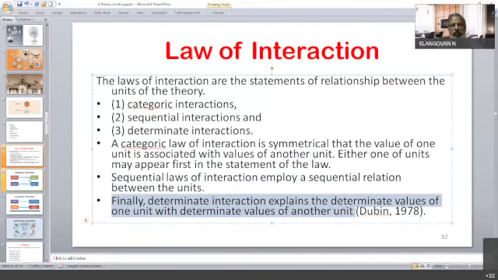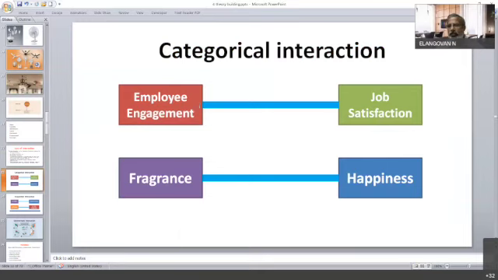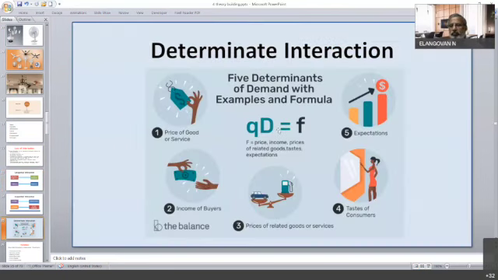If I want to show a determinate relation, I will have some numbers. So one unit of employee engagement will give 2 units of job satisfaction. That becomes a determinate interaction or determinate relationship. I have given an example here. It becomes a formula.